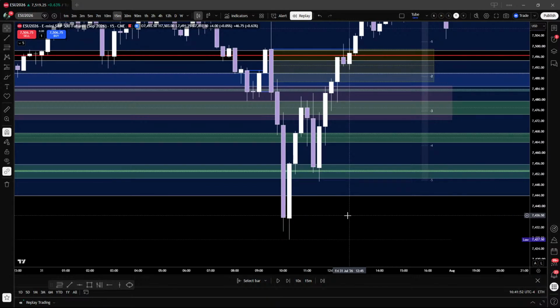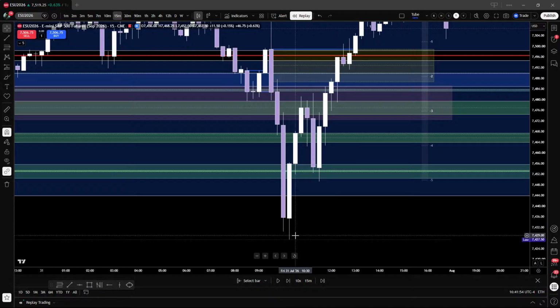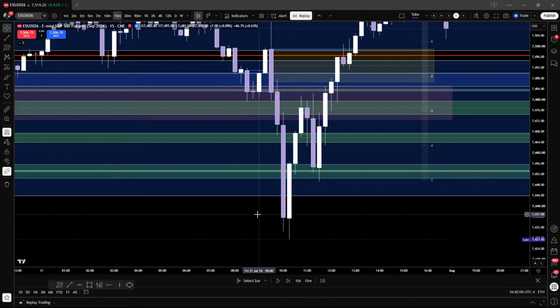Sometimes, yes, the first bullish candle, if you're looking for a buy model, that could be the first move, right? The first swing or the first pivot. But we don't want just the first candle.